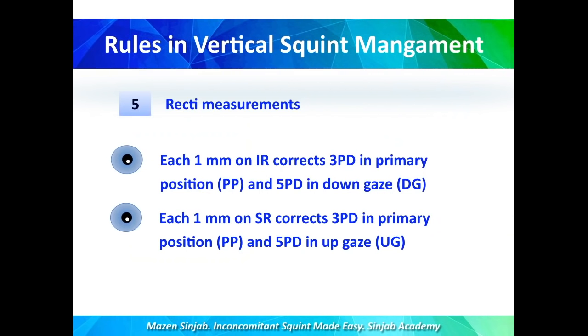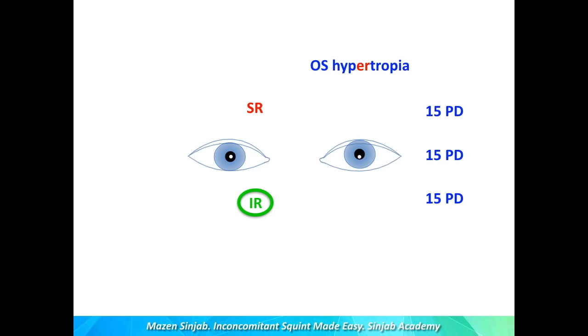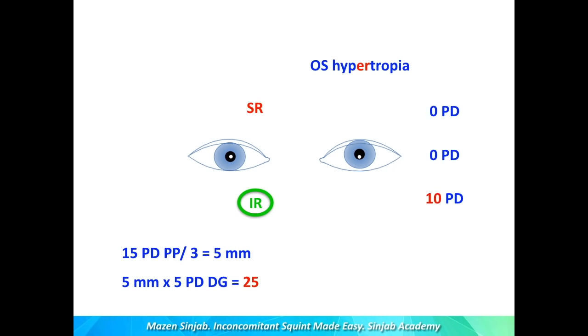Rule number 5 says each 1 millimeter on inferior rectus corrects 3 prism diopters in primary position and 5 prism diopters in down gaze, and the same can be said for the superior rectus, but 5 prism diopters for up gaze. Let us calculate as if I'm going to operate on the inferior rectus. Since there is 15 prism diopters in primary gaze, and of course up gaze and down gaze, I need to do 5 millimeters on the inferior rectus, but the 5 millimeters will correct 25 prism diopters on down gaze, and this will induce 0 prism diopter in up gaze, 0 prism diopter in primary position of gaze, and 10 prism diopters as hypercorrection on down gaze.